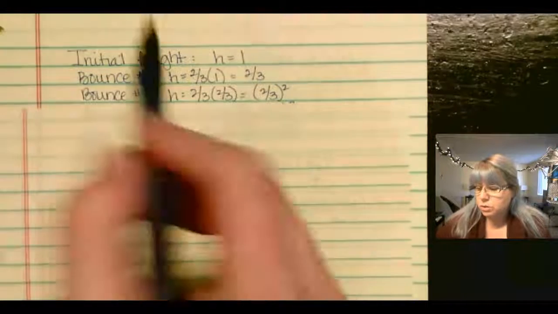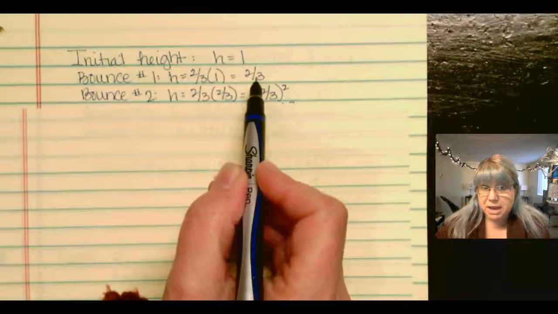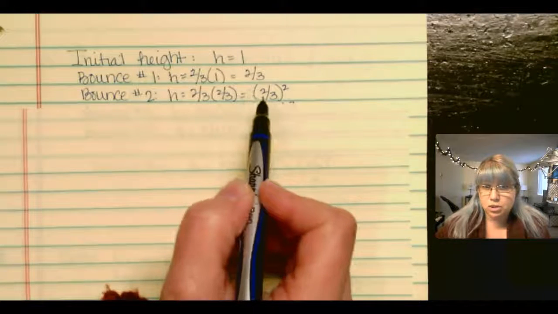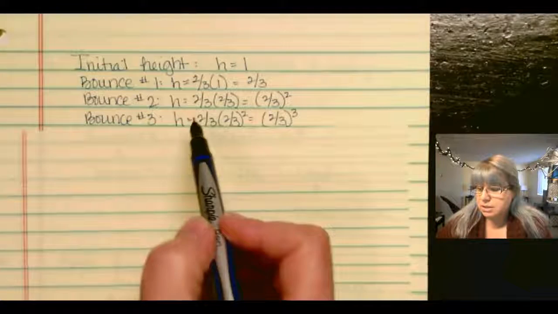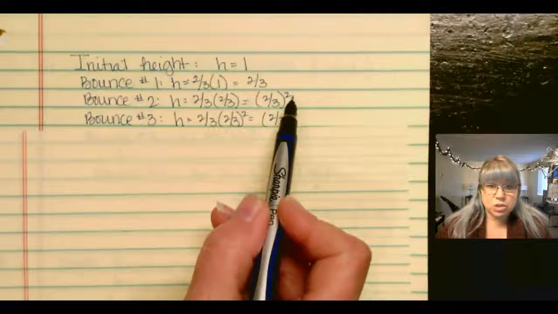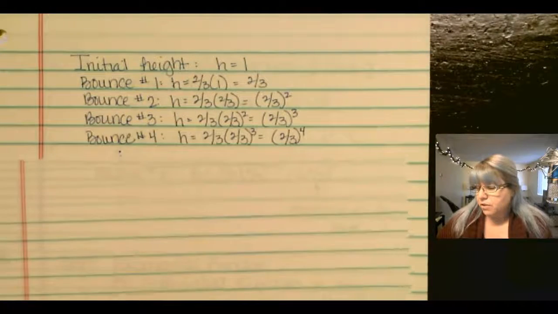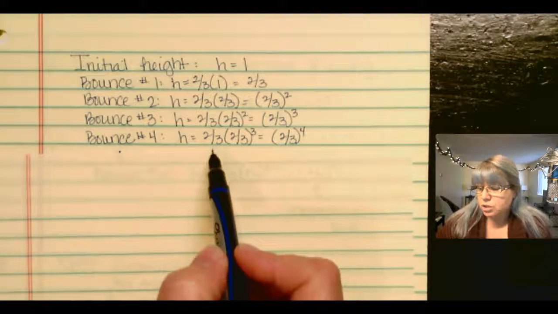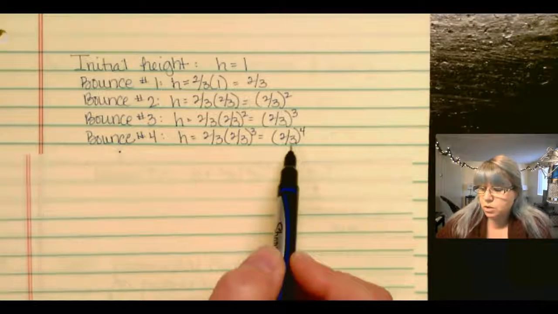For bounce 2, the height is going to equal 2/3 times the previous bounce, which is 2/3. In other words, 2/3 squared. For the third bounce, it's 2/3 times the previous bounce, which is 2/3 squared. So it's 2/3 cubed. For the fourth bounce, 2/3 times the previous bounce, which was 2/3 cubed, so that's 2/3 to the fourth.